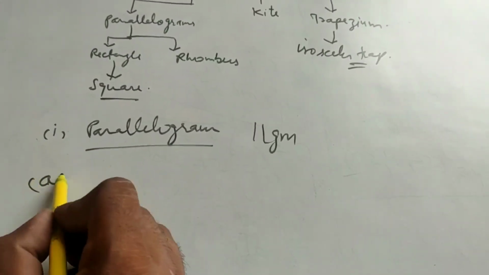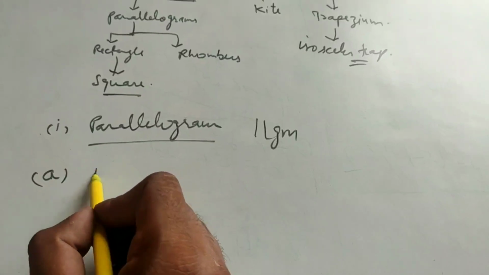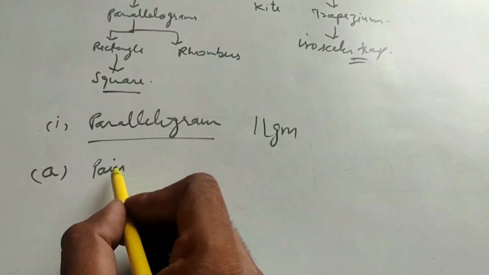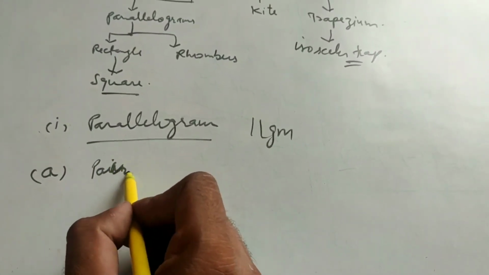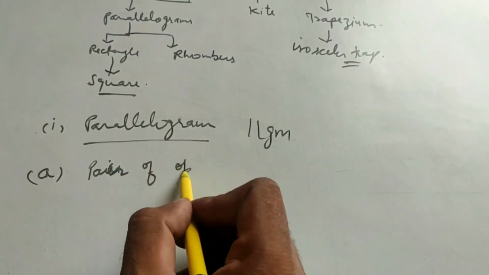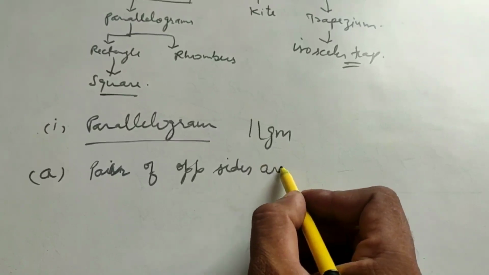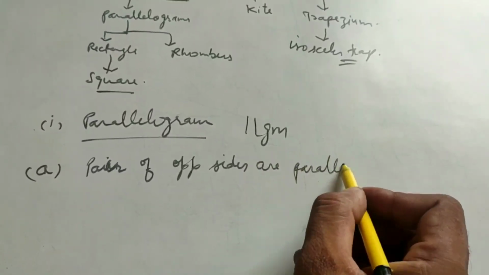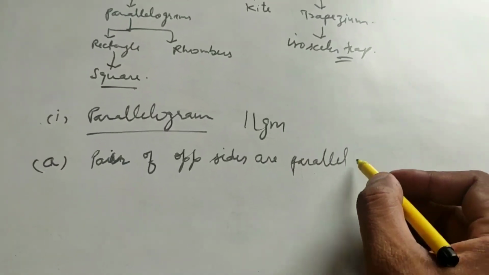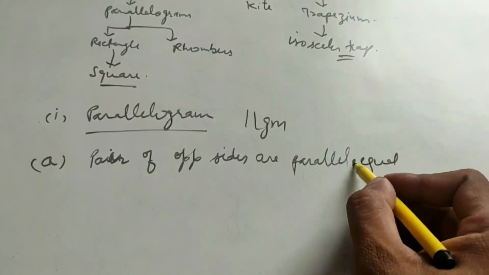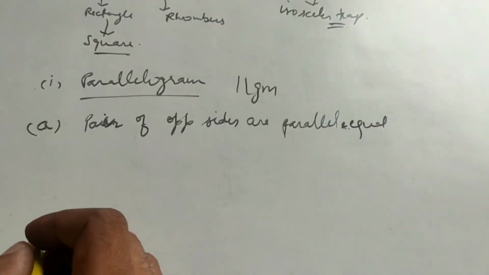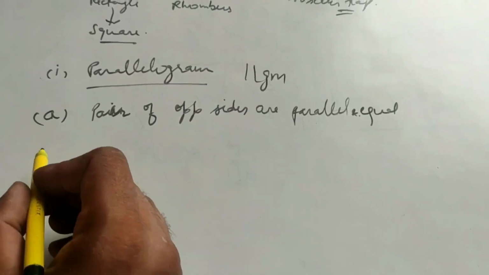The first property is, in parallelogram, pair of opposite sides are parallel and equal. Pair of opposite sides are parallel and equal.